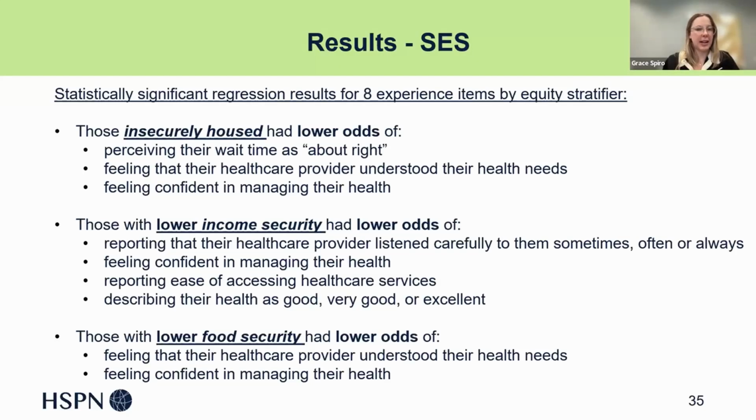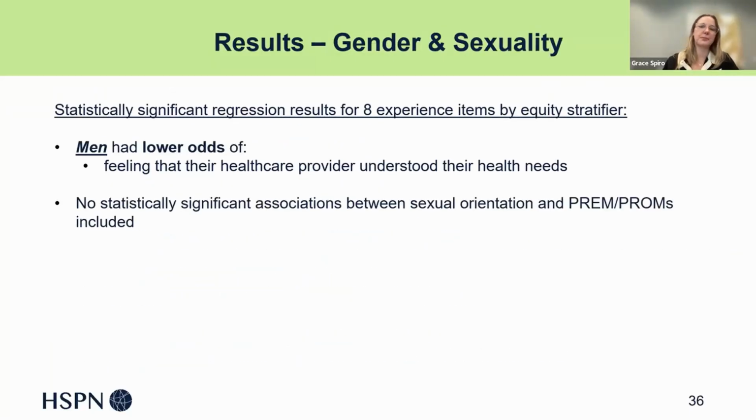And finally, when we look at the results by gender and sexual orientation, there was one statistically significant association between gender and feeling understood by your healthcare provider, where men had lower odds of feeling that their healthcare provider understood their needs, but there were actually no statistically significant associations between sexual orientation and any of the PREMs or PROM included.